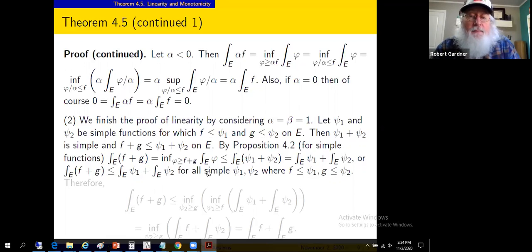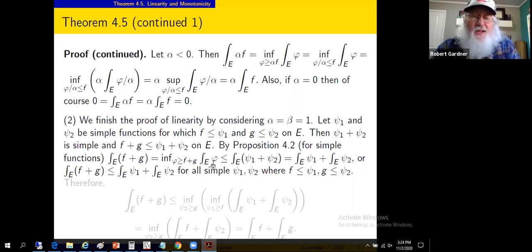All right, let's see, this is pretty subtle, choosing a particular simple function that's greater than or equal to f plus g. Here we've taken an inf over all simple functions greater than or equal to f plus g, an inf, like a min. And here we've taken a particular one.